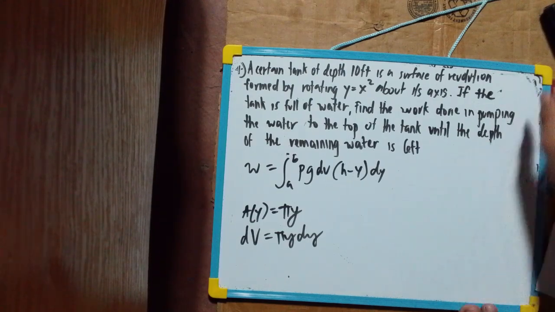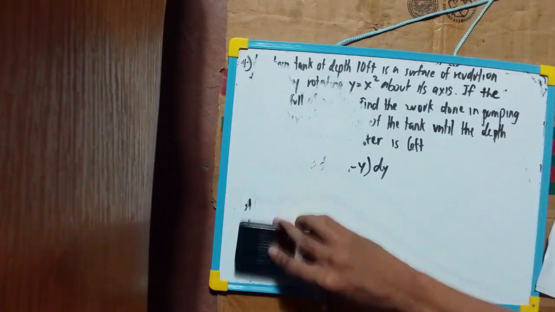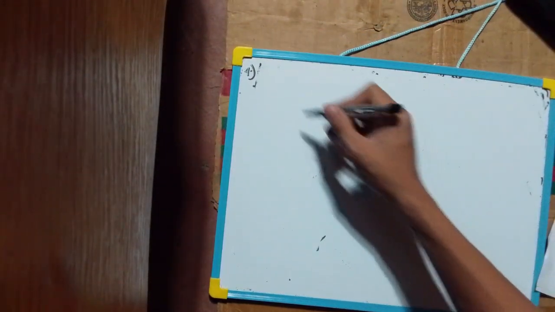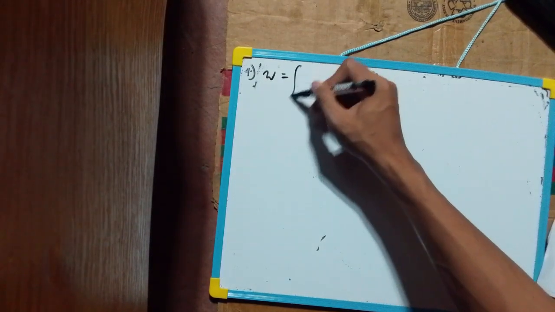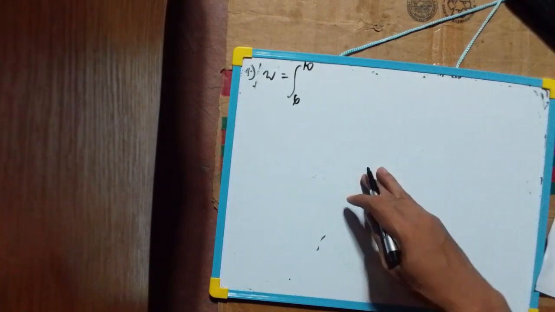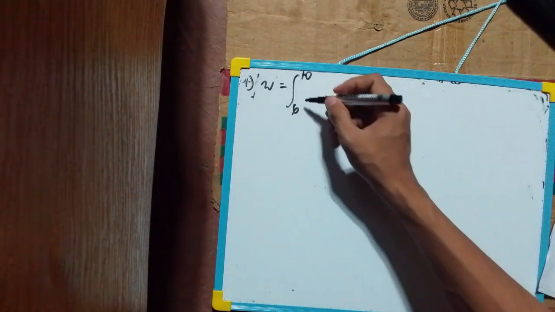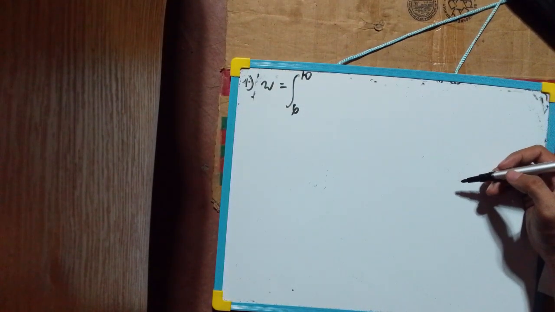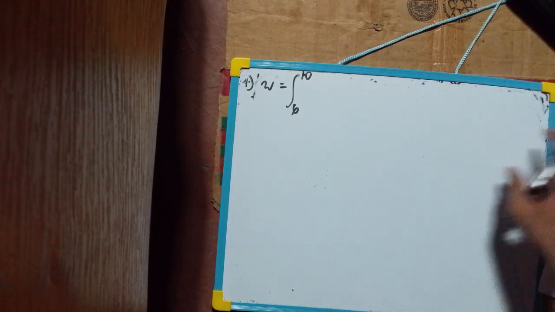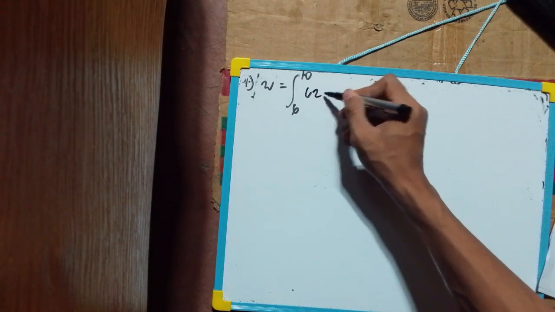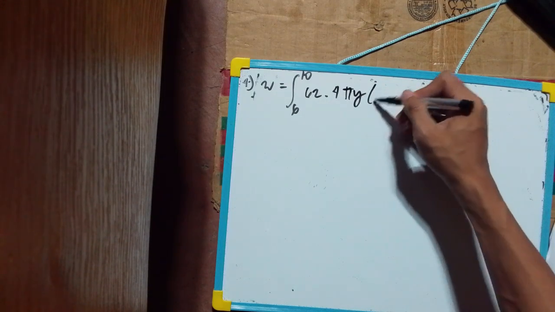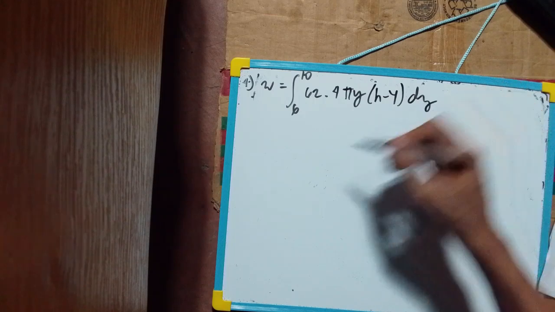So let's erase this one to gain space. So we have work is equal to the integral of the weight density, which is given by rho g, the density, times dV. So we have 62.4 pi y times h minus y dy.